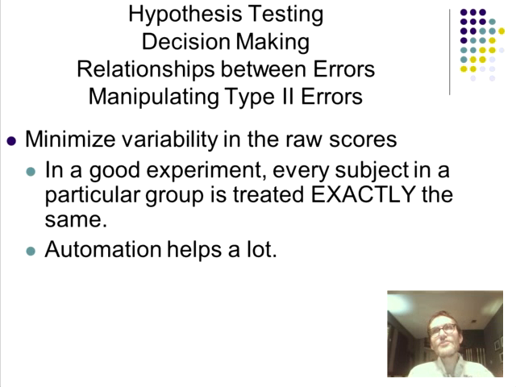So you need to make it such that every one of the 20 people coming in for your sleep study is treated identically. The better you can treat them exactly the same, the smaller the variability in their scores will be, the higher the power.